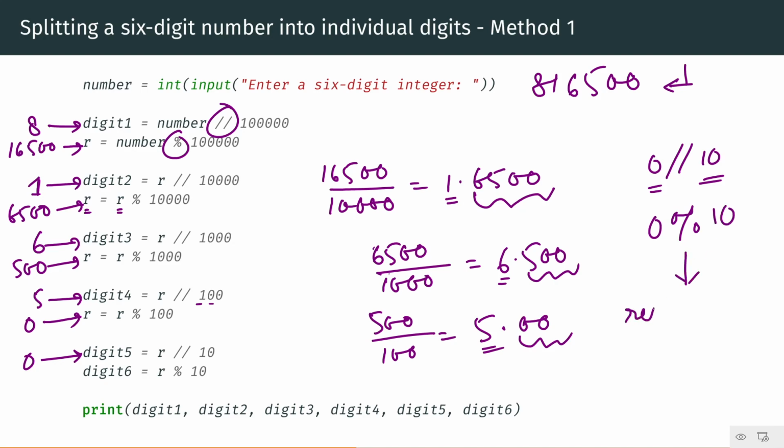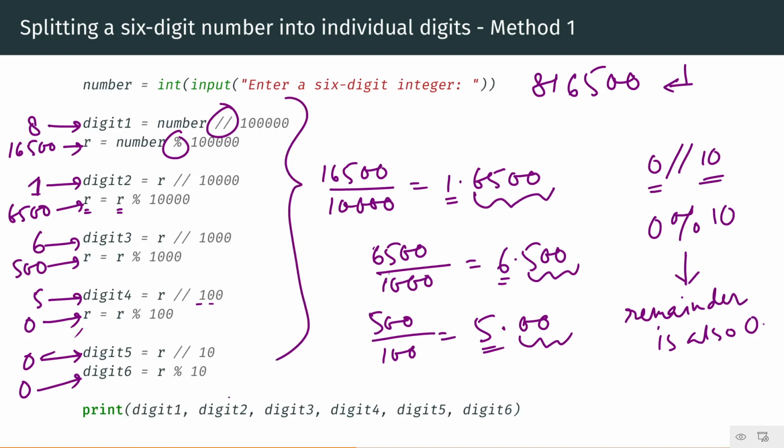The remainder of a division with numerator 0 is also 0. And that's how, no matter what the number is, as long as it's a 6-digit number, you can perform these steps of operations and then print the digits individually.